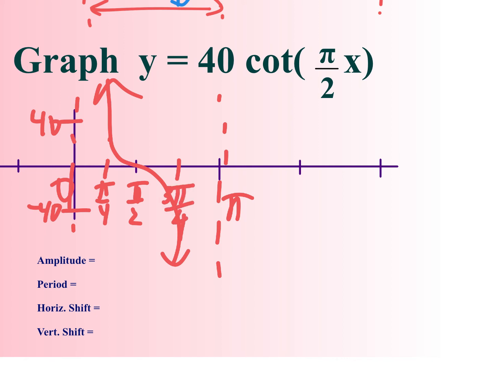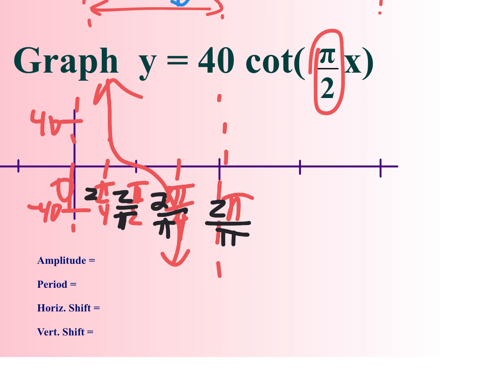Then I go through and divide everything by pi over 2. Another way to say that is multiply everything by 2 over pi. The pi's would cancel. That makes this 1 half, 2 halves, 3 halves, and 4 halves. If you get used to counting like that, that makes your life much easier.